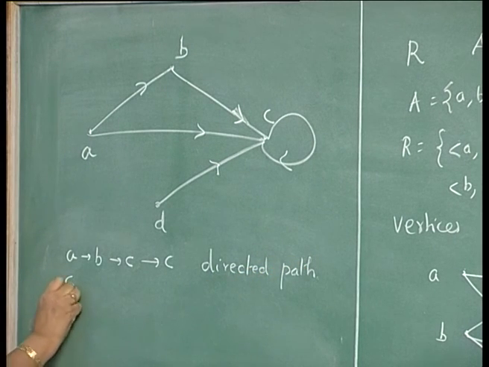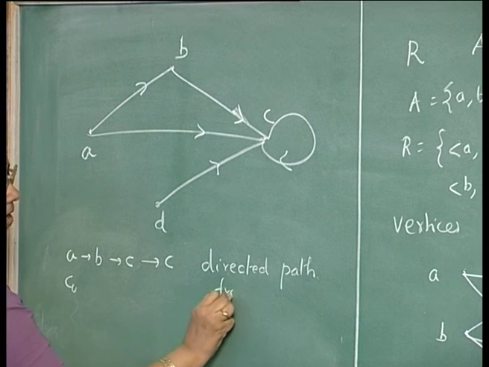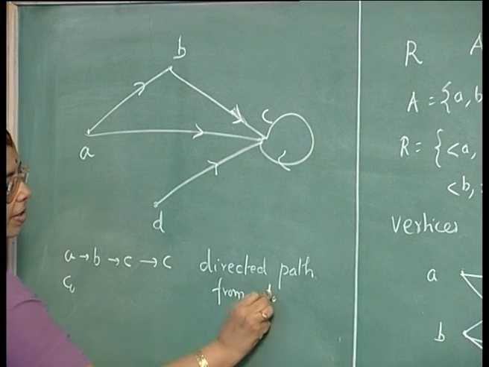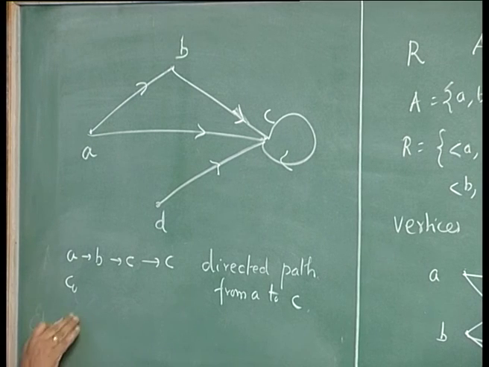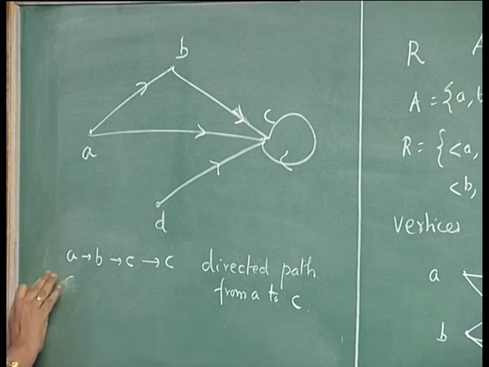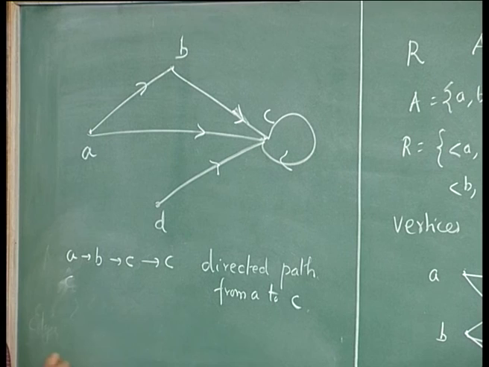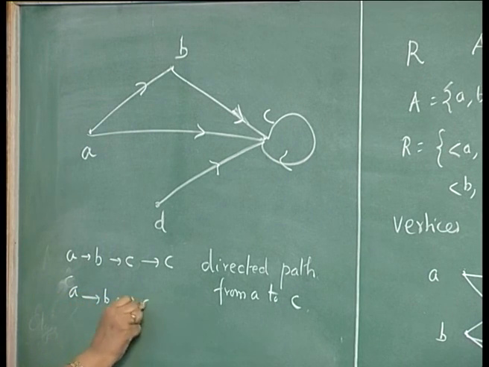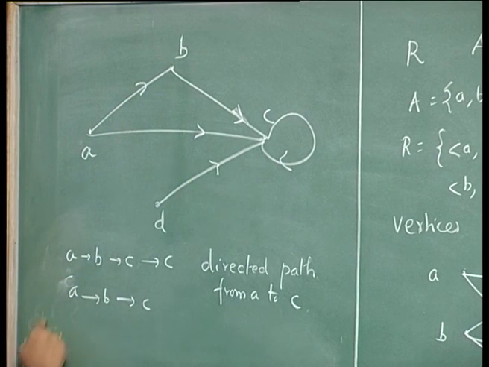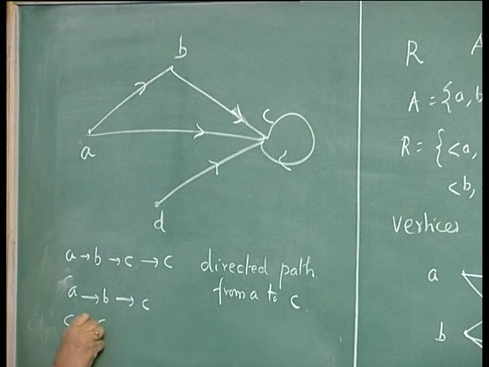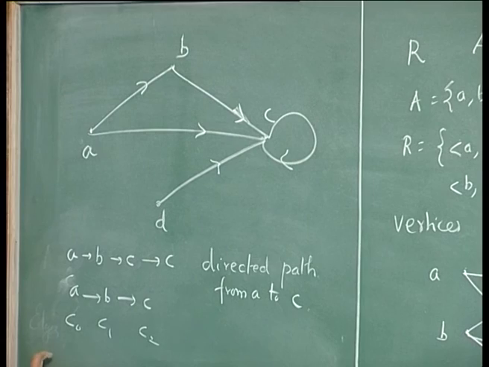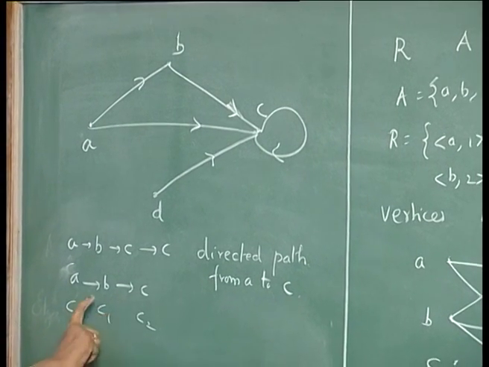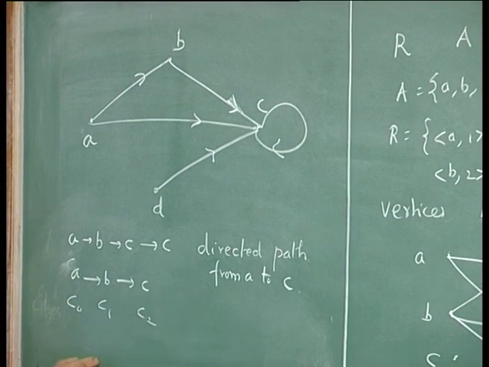This is C0, path from A to C. It starts at A and ends at C. A, B, C is a directed path, A, B, C and so on. So, in the notation, this is C0, C1, C2 and so on. There is an edge between C0 and C1 and C1 and C2 and so on.